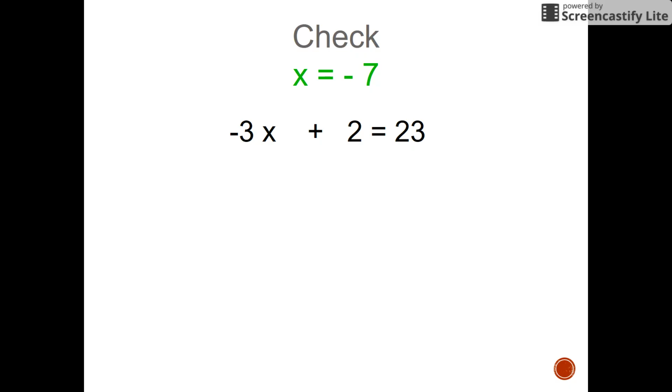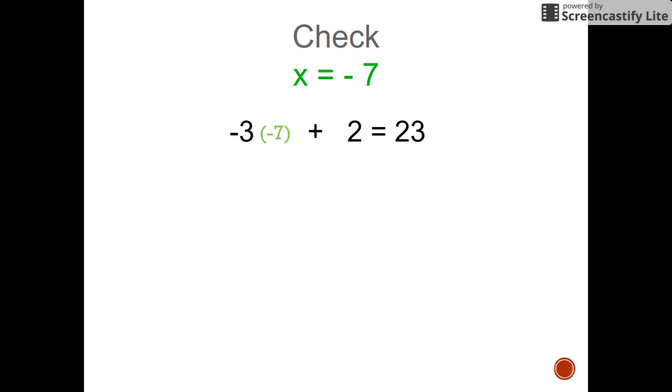So when you get that answer, negative 7, the most appropriate thing to do in this case is to check your work. So we're going to take x is negative 7 and plug it in for x. Instead of x, we replace it with negative 7, and then we just check the mathematics.